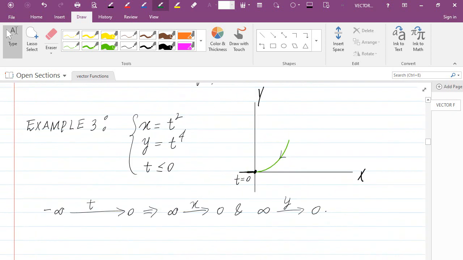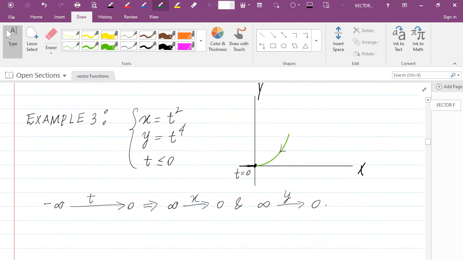Okay, another example is I'm taking a curve here where x is t squared, y is t to the 4, and t is less than or equal to 0. Now again, notice that y is the square of x, so this parametrization is giving us a parabola.